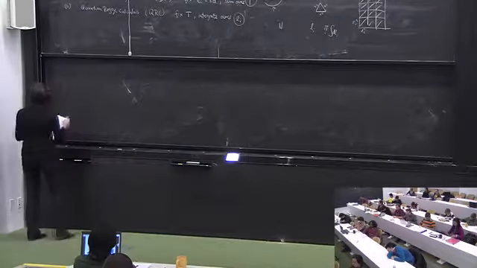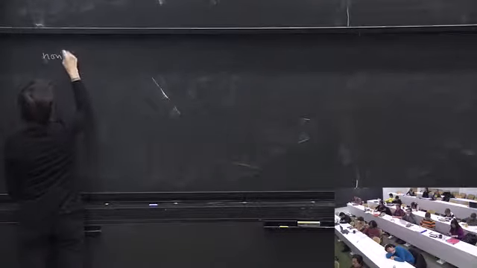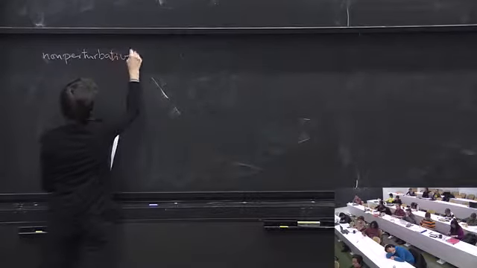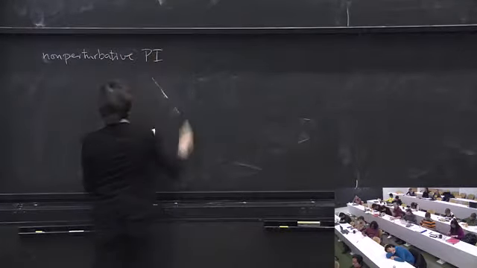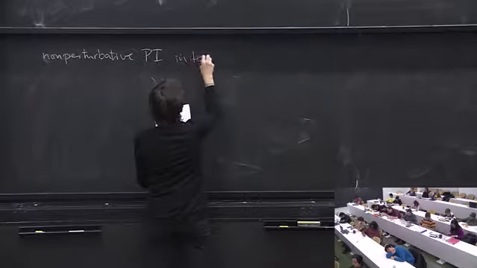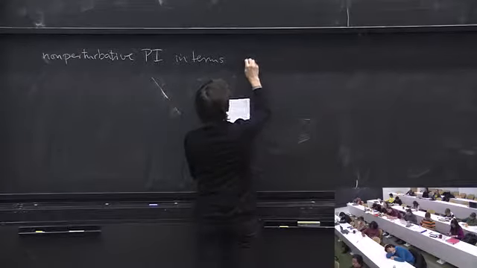Okay, so now what we're going to do, still have some time. We're now going to write down the explicit form our non-perturbative path integral takes in terms of these dynamical triangulation data.